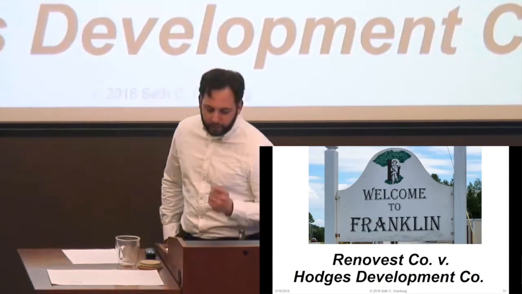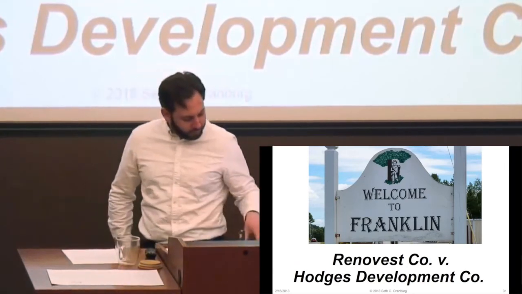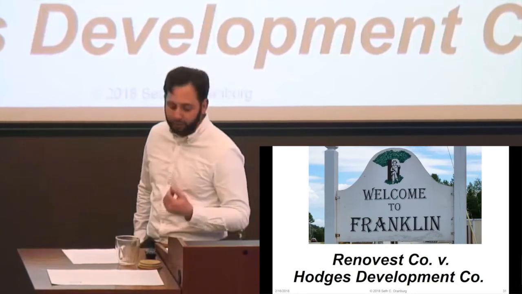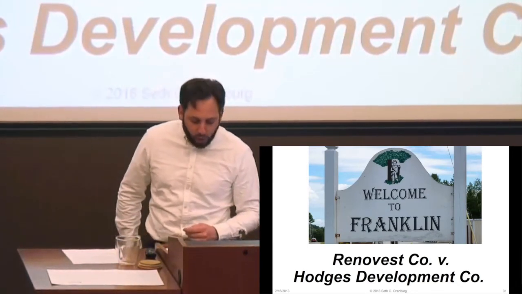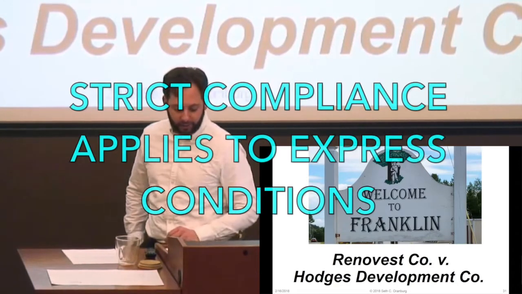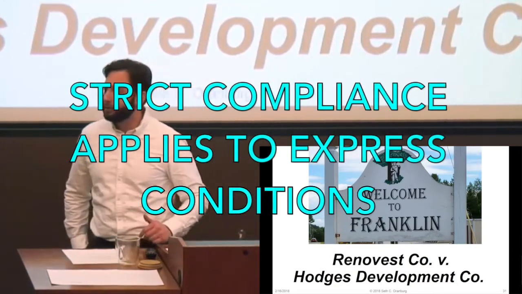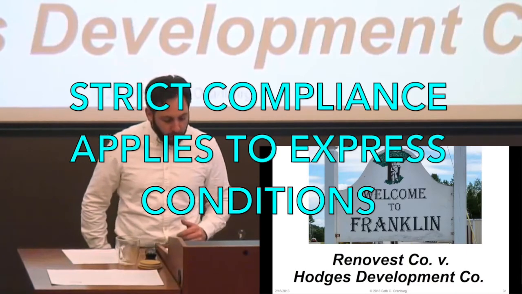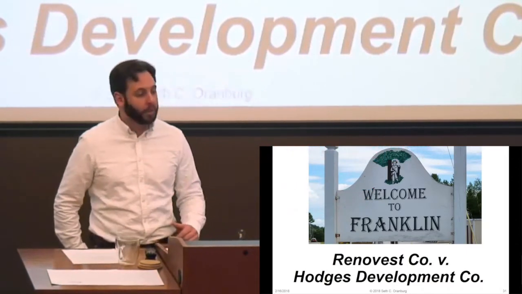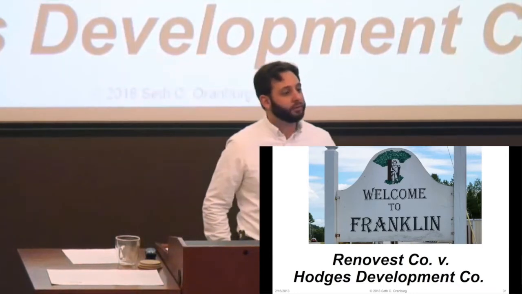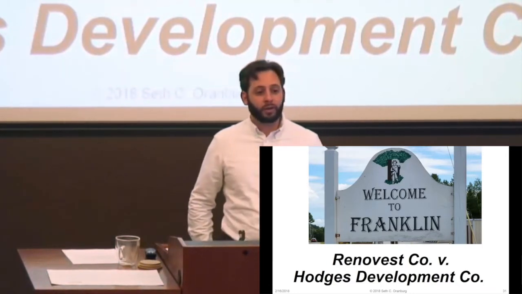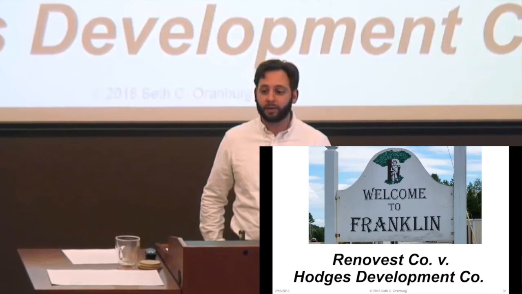Right, so again, the big lessons here, this was a smaller case, but it did have a couple of key rules that we need to draw out. One rule that comes from this case is that on page 850, it says, a rule of strict compliance traditionally applies to performance of an express condition. This is the case you cite to where notice was given 61 days and it said 60.